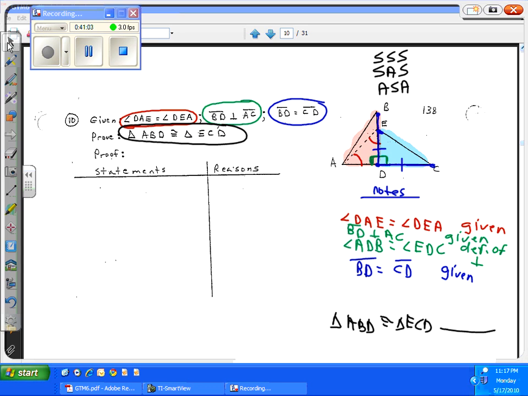Now, what we've got as far as one triangle and the other triangle is the little green angles. So we've got an angle and an angle, and we've got the blue sides, so we have a side here and a side here. And so all we have as far as the two triangles is a side and an angle.